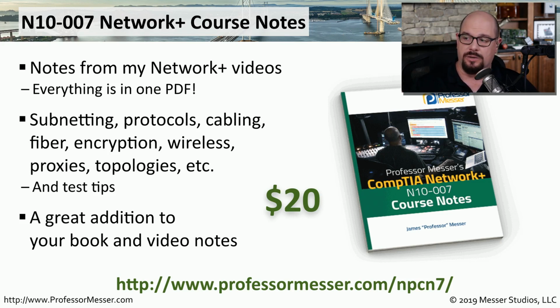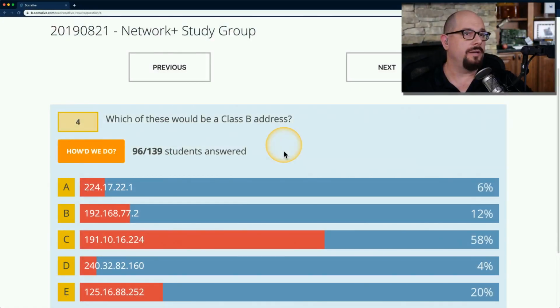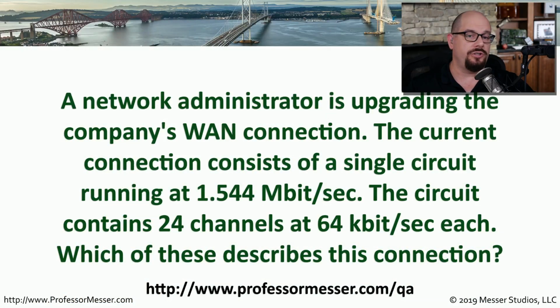Let's do another question. We've got more multiple choice questions for you from the Network Plus exam. Here's your network administrator question. It says, a network administrator is upgrading the company's WAN connection. The current connection consists of a single circuit running at 1.544 megabits per second.